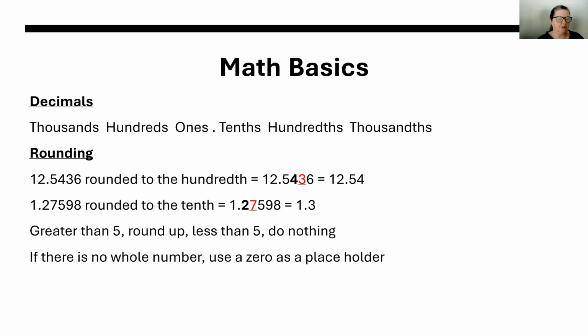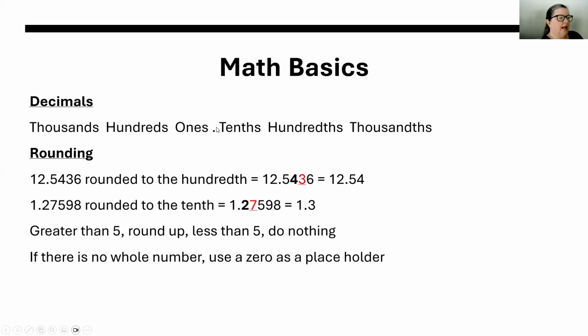So I didn't go any further than that, but we have thousands out at the beginning here, then hundreds place, and then the ones place. So basically going from largest over to smallest, from left to right, towards the decimal point. Once you get to the decimal point here, then the opposite side or the right side of the decimal is where all of the fractional or parts of the whole reside. And again, we don't generally go beyond thousands with that either.